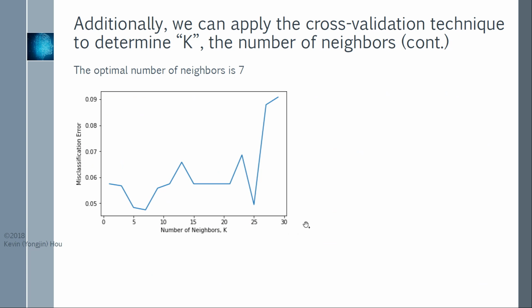Horizontally, the x-axis is the number of neighbors that we vary in the outer loop, and vertically we have the corresponding misclassification from the inner loop rotation of the data through the cross-validation mechanism. And as we can see here, based on this setup and the data split, the optimal number of neighbors suggested by the cross-validation approach is 7.